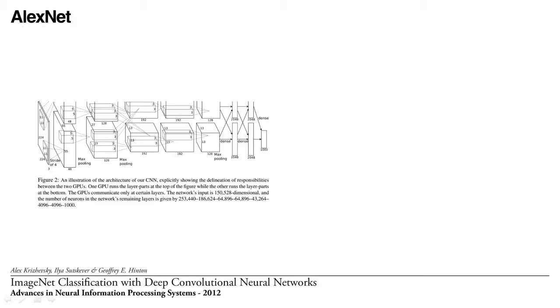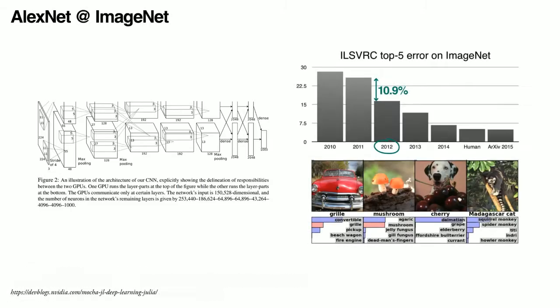But more importantly, they were able to test their model on a very large dataset thanks to ImageNet. ImageNet is an image recognition competition that started in 2010, and the task is to train on 1.2 million images labeled with 1,000 classes. And AlexNet was able to beat the reigning champion by a very significant margin of 10.9%. And then the rest is history after that.